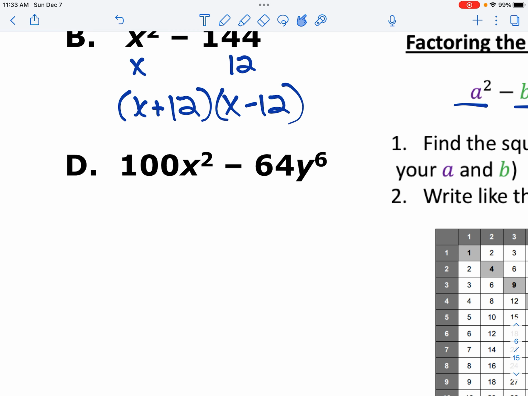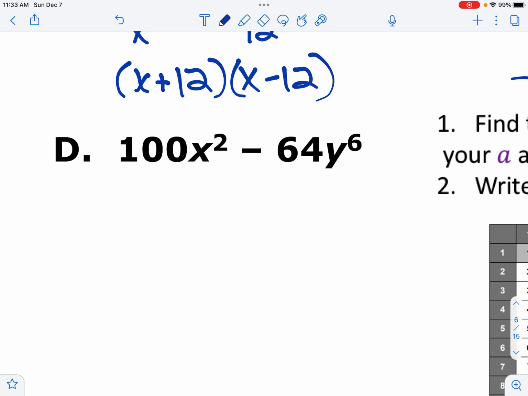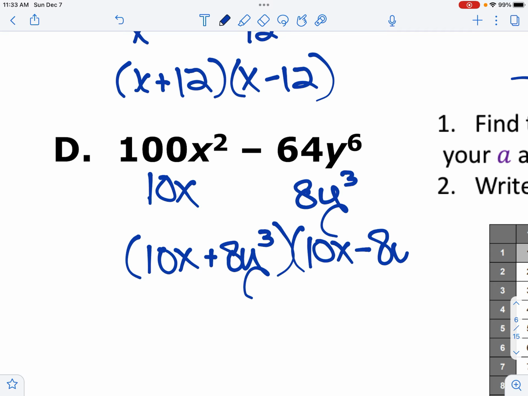Y to the 6th is too. It's an even exponent, so pretty much any even one is going to be a perfect square. So the square root of this would be 10x. The square root of this would be 8y to the 3rd. So then I would write this as 10x plus 8y to the 3rd, 10x minus 8y to the 3rd. There we go.